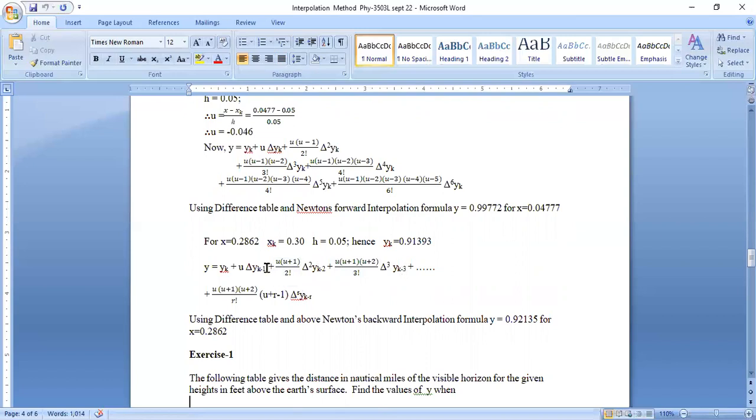And now you see k is equal to 6. So this is del y5, del square y4, then you have del cube y3.